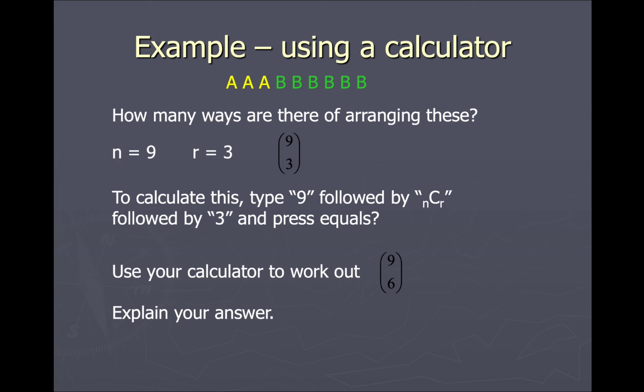You should notice that 9 choose 3 is the same as 9 choose 6, because it doesn't matter if we choose the 3 A's or the 6 B's. 9 minus 6 and 9 minus 3 will work out to be the same on the bottom.